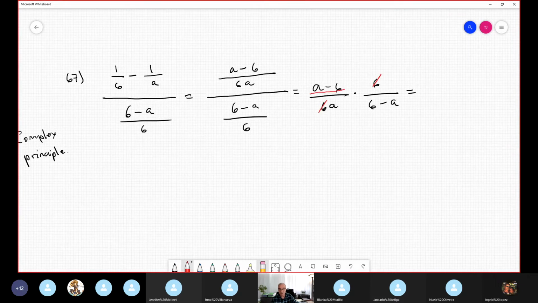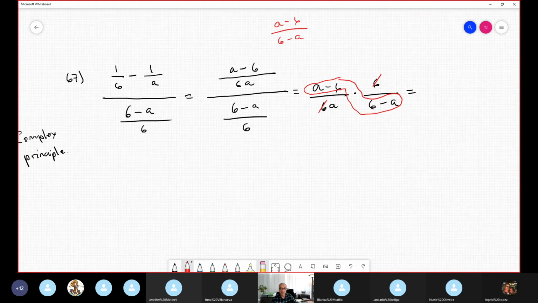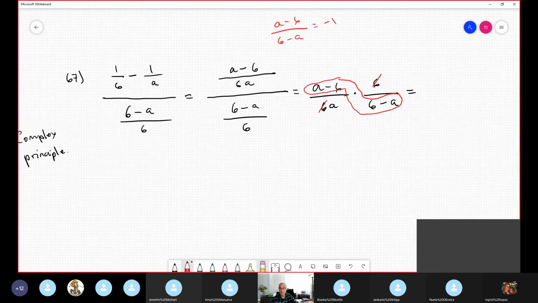And this and this together, they are family or no? They are, so it's -1, right? For sure, 6 minus 8 over 6 minus 8 is -1. It's -1. This is the final answer.